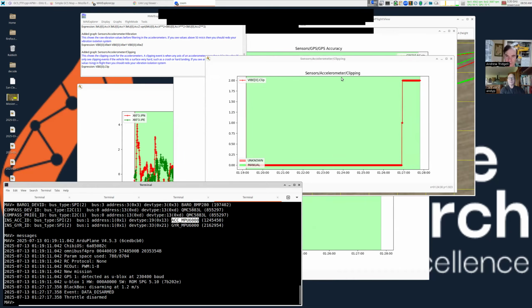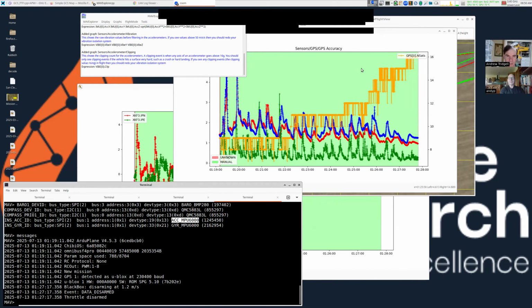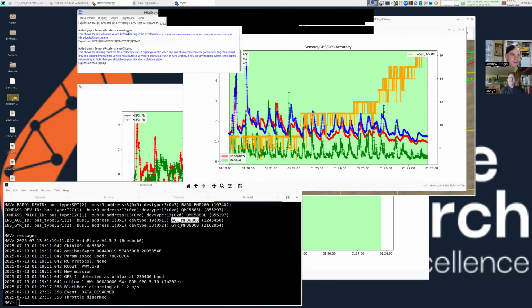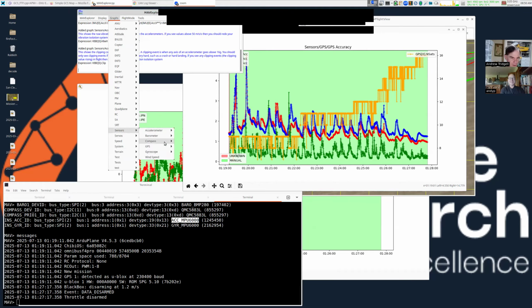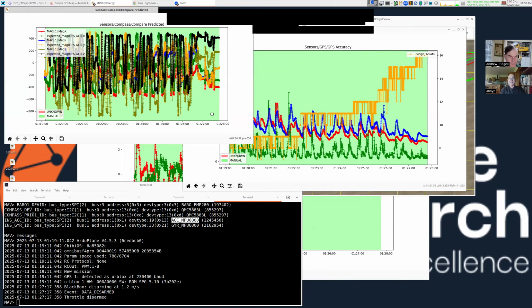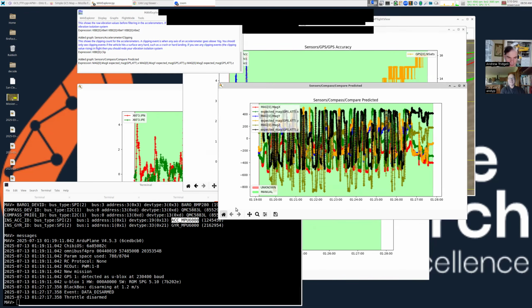All right, so let's have a look at some of the other sensors. Which one next? We've got Baro and Compass. Well, let's look at the compass next, shall we? Okay. The way I typically look at the compass, and this is one of the advantages of using this particular tool, is it can run a graph like this.